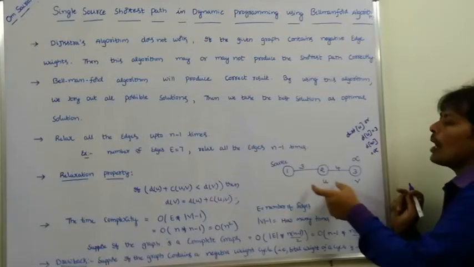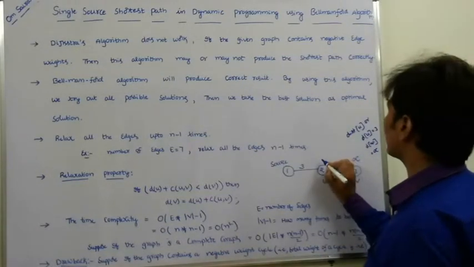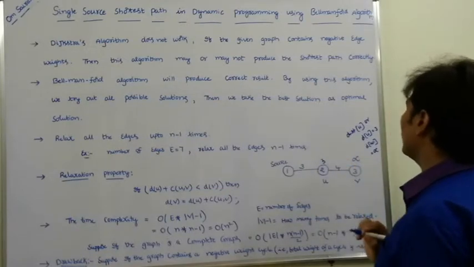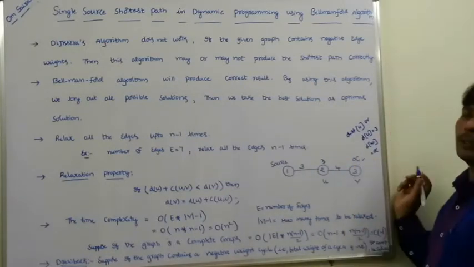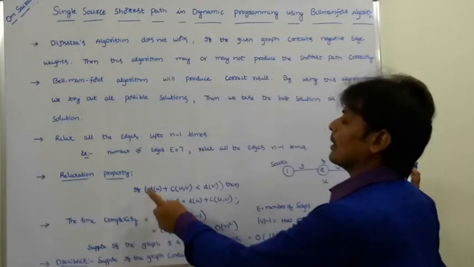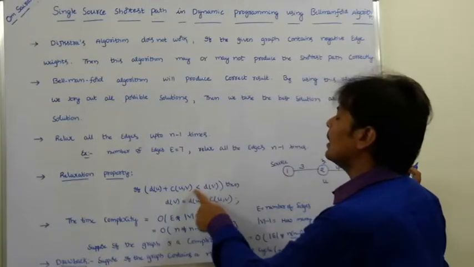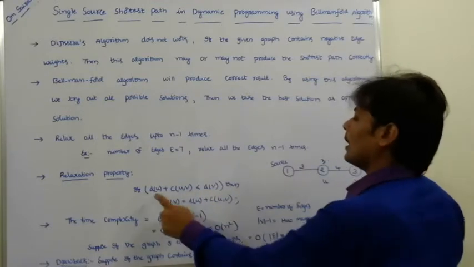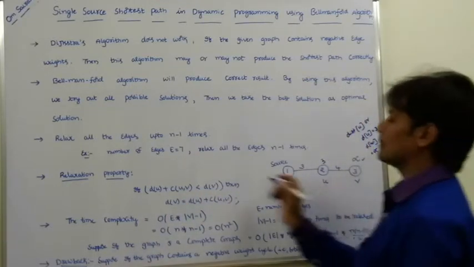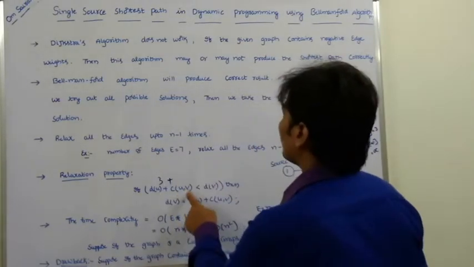Now, what is the relaxation property? Here distance of u is equal to 3 and distance of v is equal to infinity. The relaxation property is: if d of u plus c of u comma v is less than d of v. Here d of u is 3, plus c of u comma v.